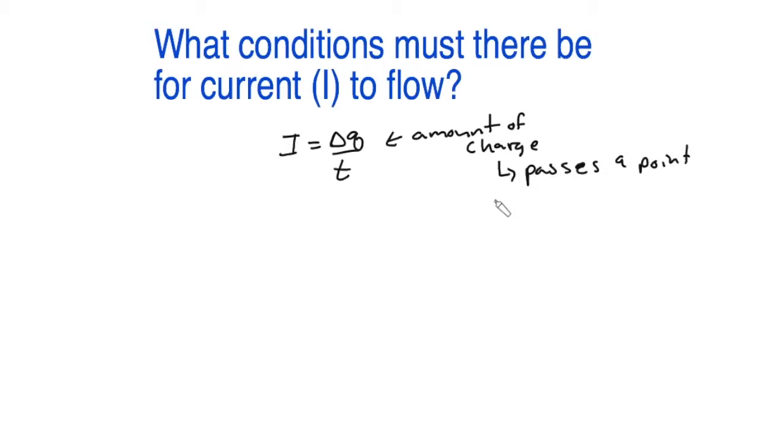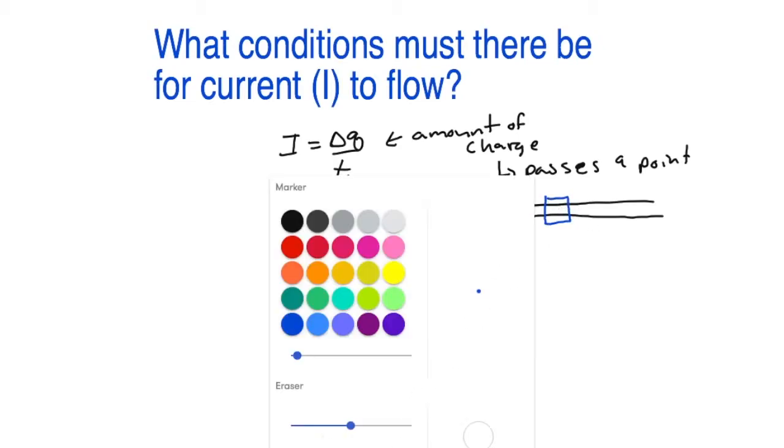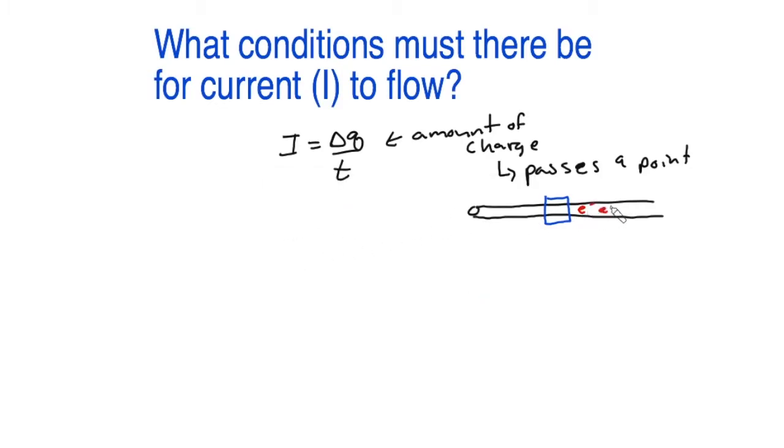So if this was the wire, we're going to look at one specific spot right here, because inside this wire, there are going to be a bunch of electrons, all back to back, packed in here very tightly in this conductive wire. So when we're measuring current, we're looking inside this box and saying how many electrons pass per time. And that's where the delta Q over T comes in.